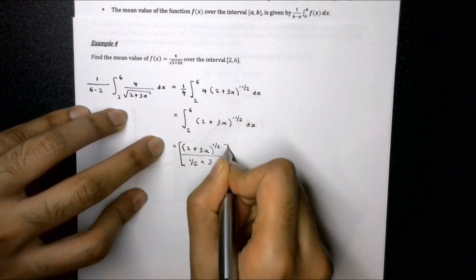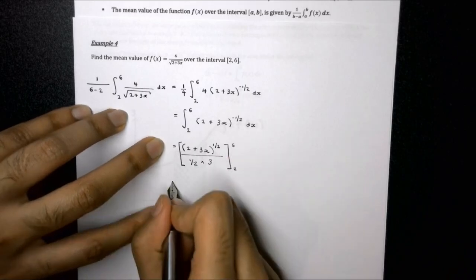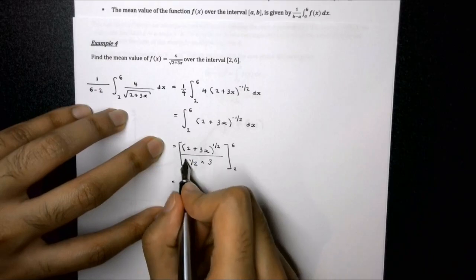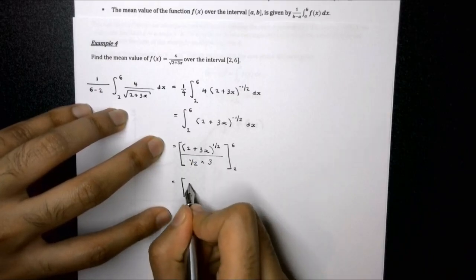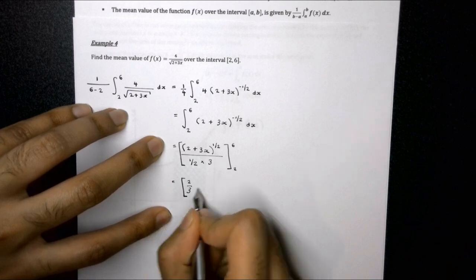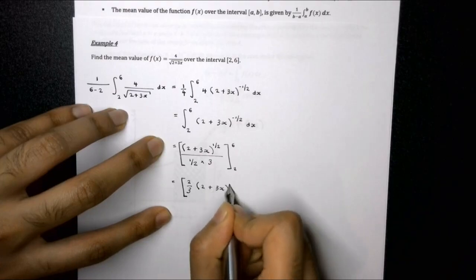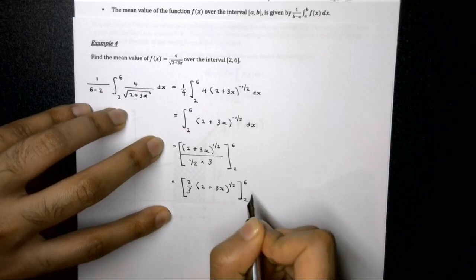And then we will evaluate this from 2 to 6. So, you can see here, 1 divided by 3/2, that's 2/3. So we have over here 2/3 times 2 plus 3x to the power of 1/2 from 2 to 6.